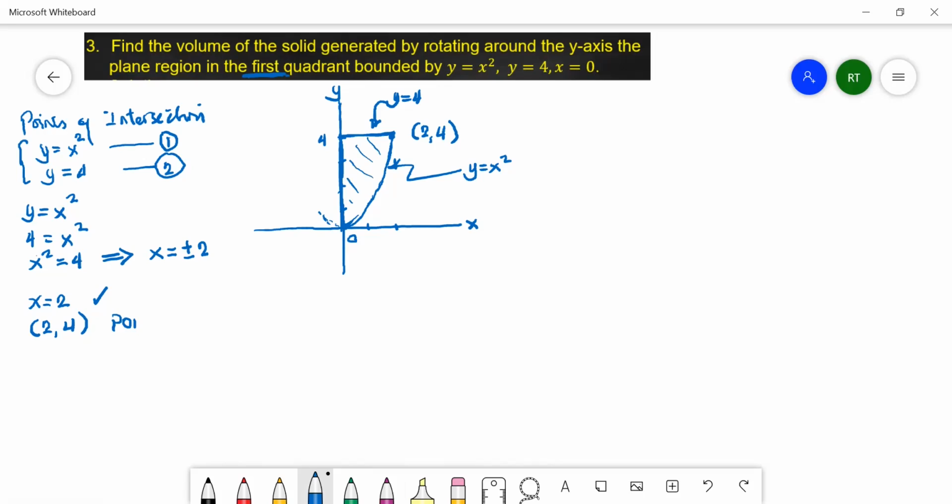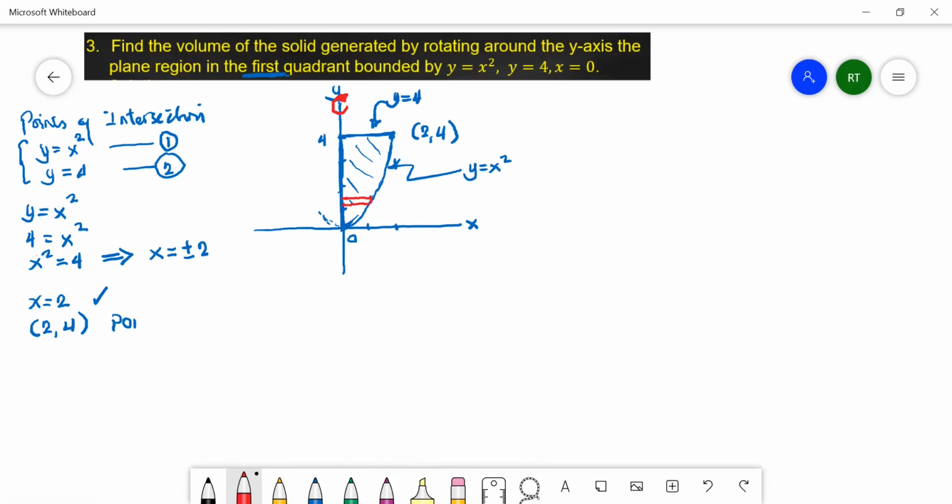Now, take note that the region R touches the axis of revolution. The axis of revolution is the y-axis. Since we are going to use the disk method, the element must be perpendicular to the axis of revolution. Hence, it must be a horizontal element.